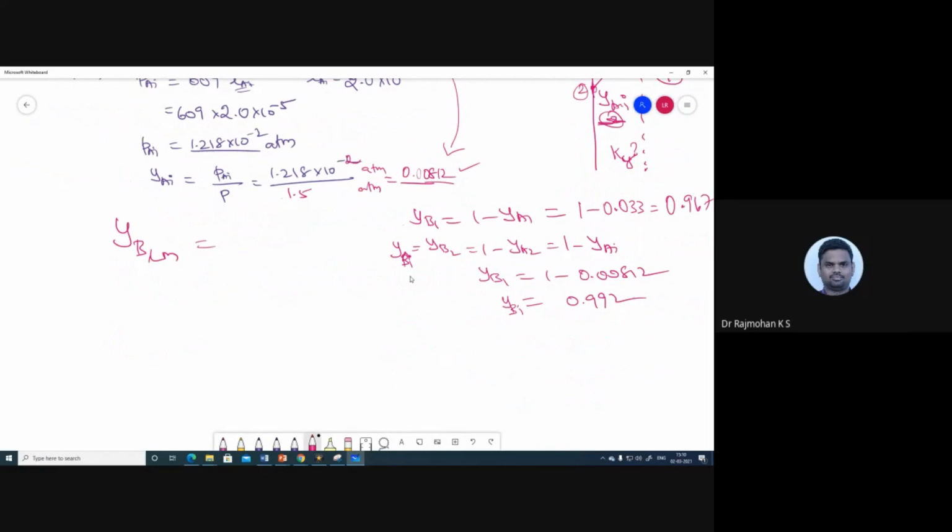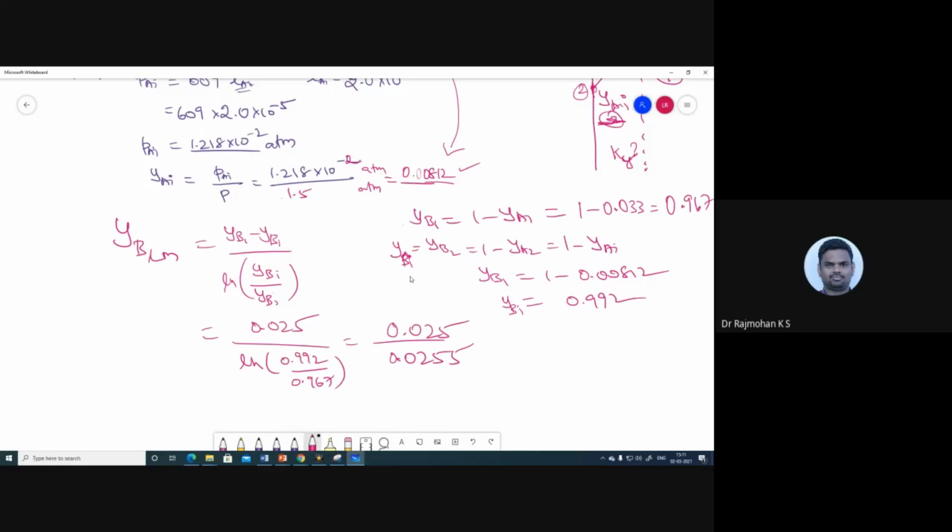So the Yb logarithmic mean is YbI minus Yb1 divided by ln of YbI by Yb1. Substituting the values, the numerator is 0.025, and for the denominator, taking ln of 0.992 by 0.967, we get 0.0255. So 0.025 divided by that gives around 0.9804.